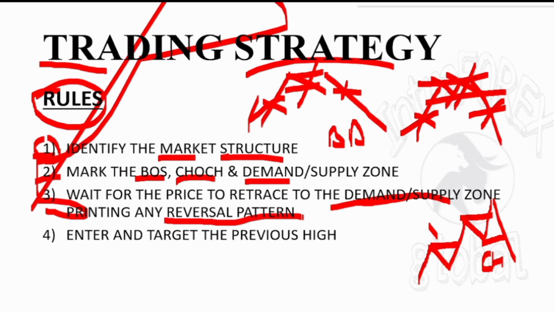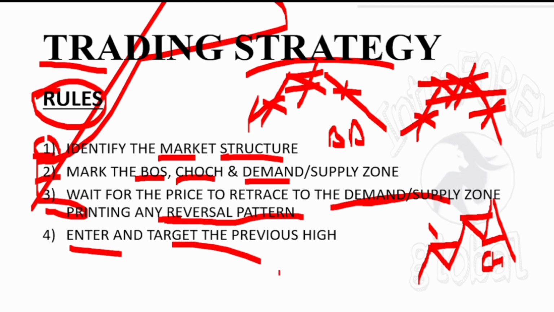Remember I taught you in module 2 about chart patterns, the reversal ones: the channel, the flag, and the double top or bottom. So we want the market to retrace to our demand or supply zone, printing any of those reversal patterns. Then if we see 1, 2, 3 being met, we enter and target the previous high. Simple. You make your mind up just like that.